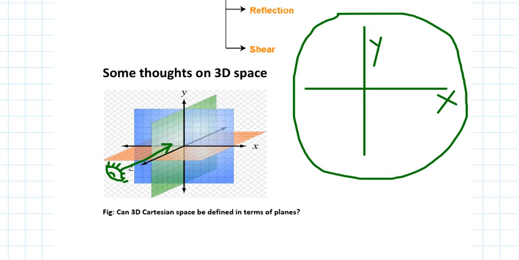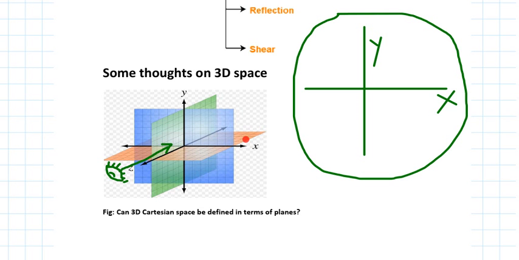Now try to find another property of these three planes which can be defined in terms of your primary axes. These planes are basically perpendicular to one another. If you observe carefully, you can figure it out. This xy plane, the blue plane, is perpendicular to the brown zx plane, and this green zy plane is again perpendicular to the horizontal xz plane.